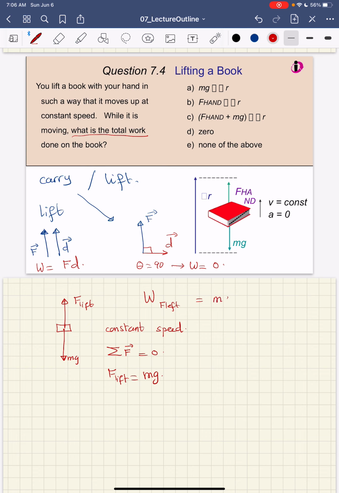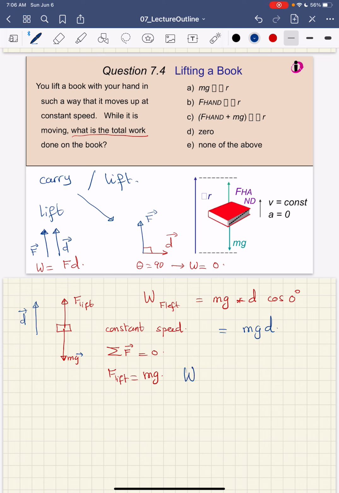Then it's going to be mg times d cosine 0, because I am moving the object and the displacement is upward. Then here it is going to be mgd.